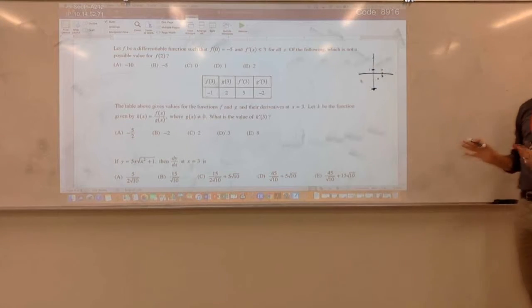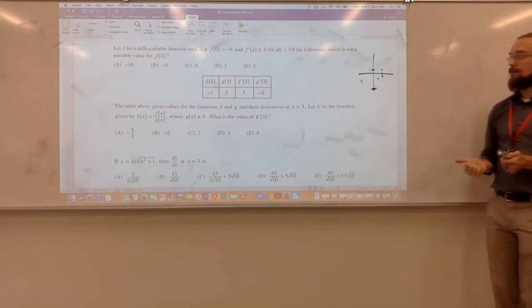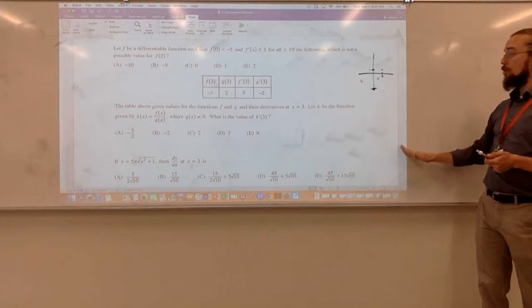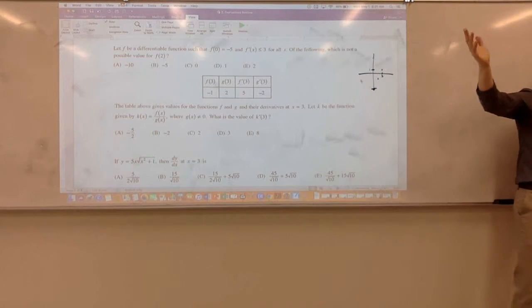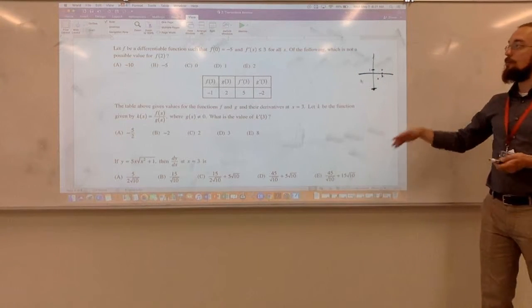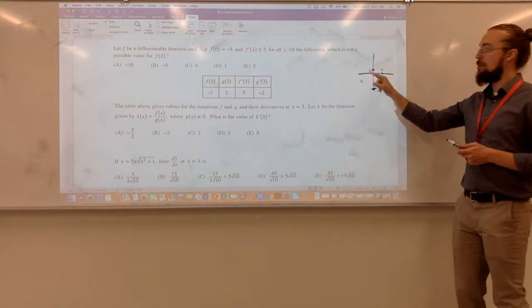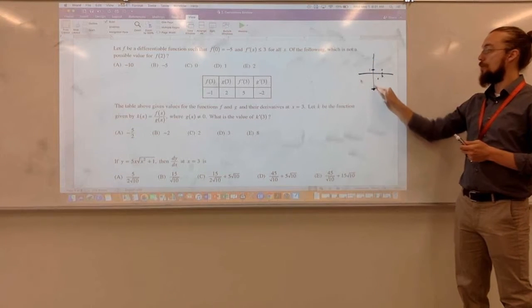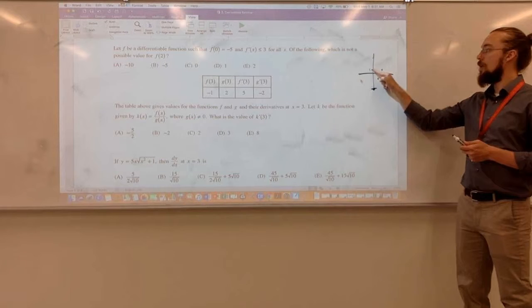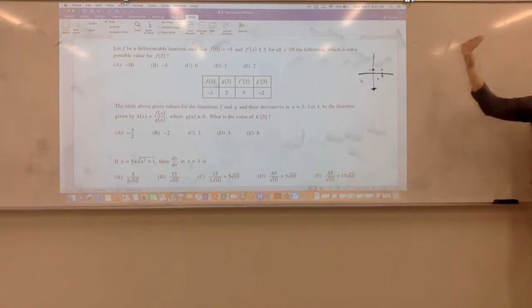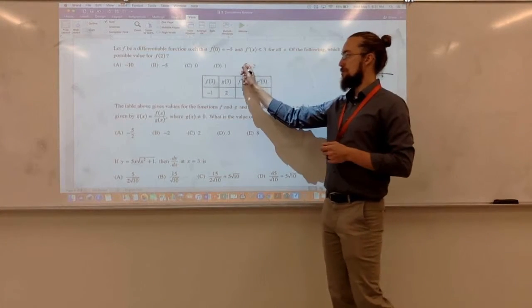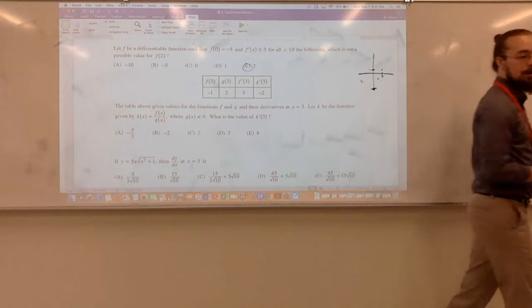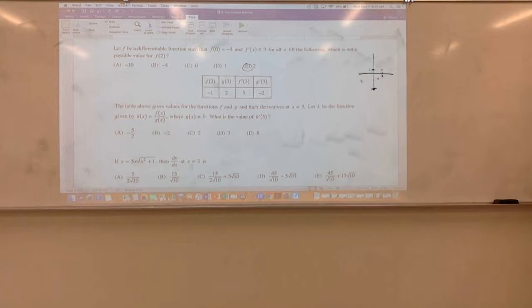I can't be any higher than that if the slope is less than or equal to 3. I could be way lower than that, right? The slope could be -7,000. So I could be way down here, but the highest y value I could attain is 1. So 2 is why I can't get to 2. That makes a lot of sense now. Okay.